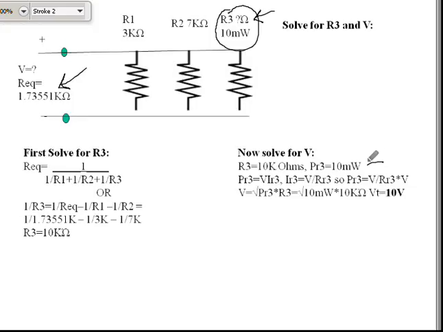I can figure out what the current is by using Ohm's law or the power equation. But I'm not going to be able to do that yet because I don't know what my voltage is, and I don't know what my resistance is. But I do know what my total resistance is. So here I have total resistance, so I can easily calculate R3, and from R3 I can calculate what the voltage is.